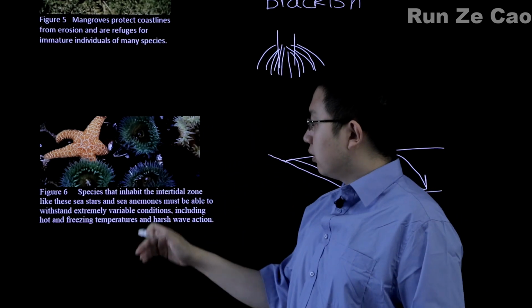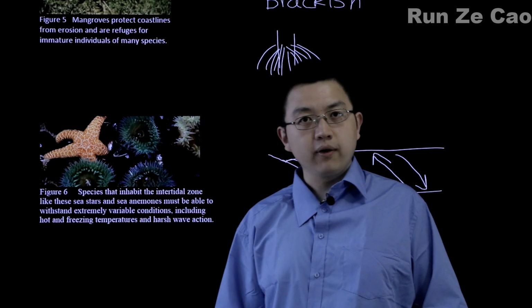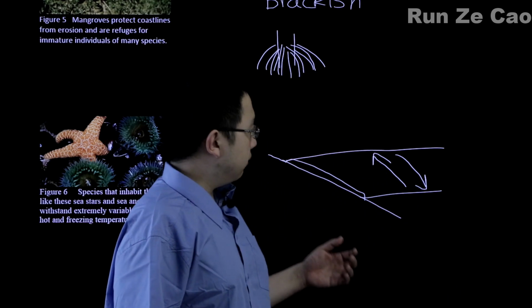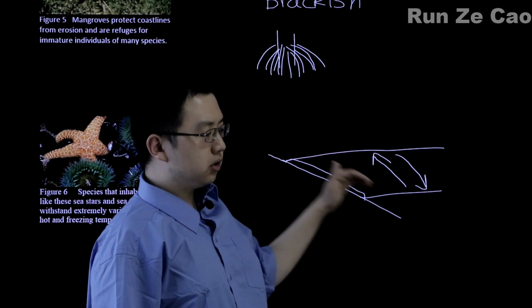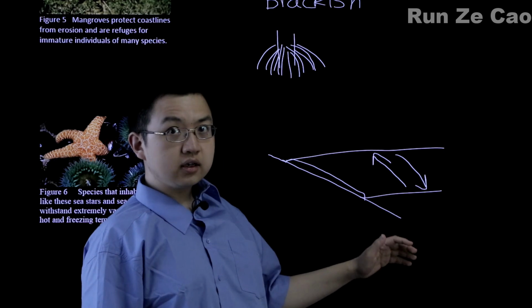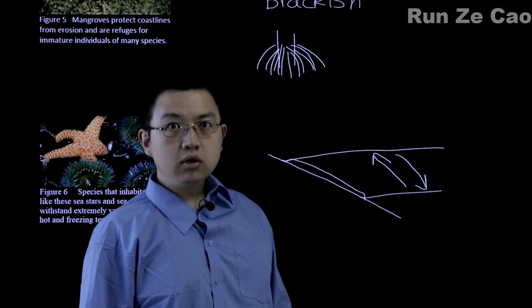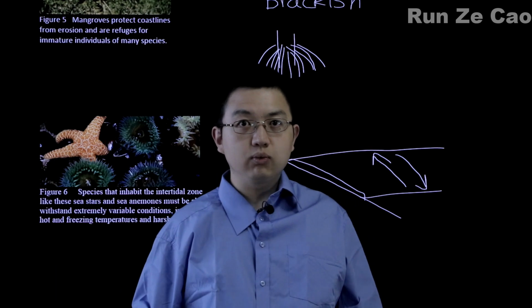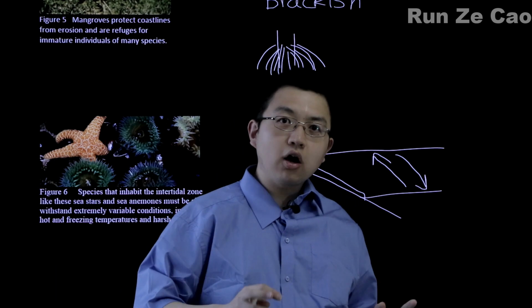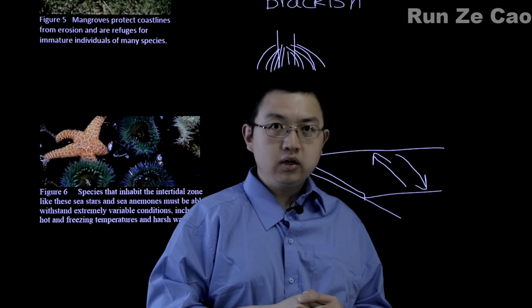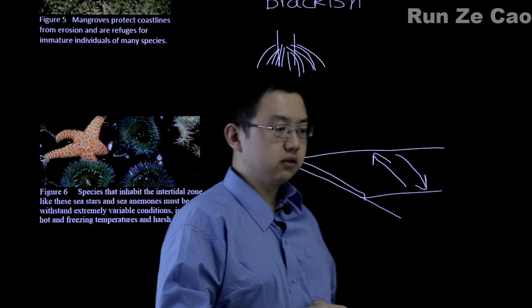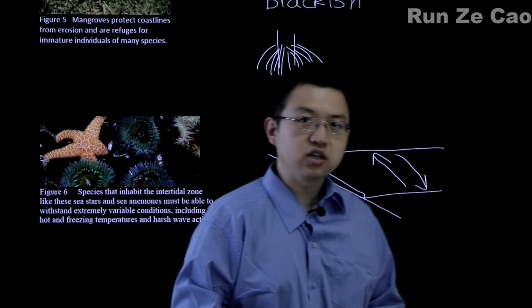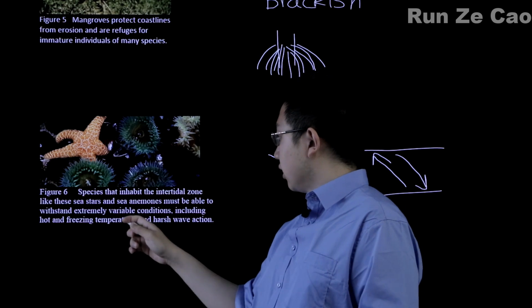They must be adapted to extreme temperature changes as well, because think about what happens on a cold day, when there's wind, the water goes away. Well, they're wet, and there's wind, so it's wind chill. They must be able to tolerate the wind chill, which can be quite cold, as in actually freezing temperatures, as described here.